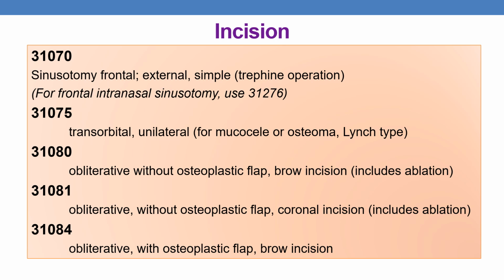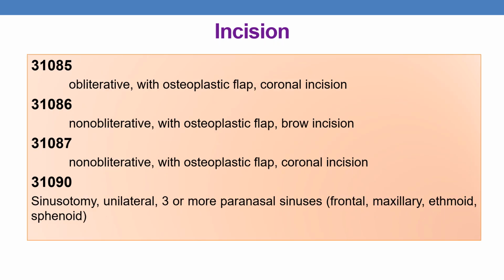The next CPT is 31084. It deals with sinusotomy frontal, obliterative, with osteoplastic flap. The previous two CPTs are without osteoplastic flap. Now it is with osteoplastic flap, brow incision. The next is 31085. It deals with obliterative with osteoplastic flap, coronal incision. Next is 31086.